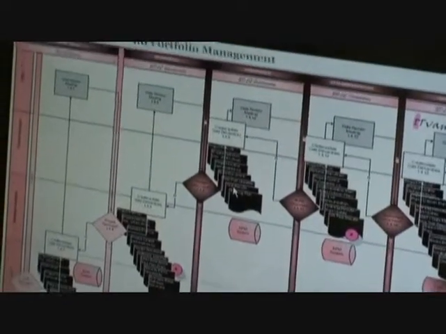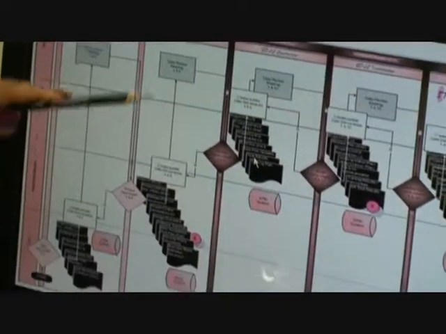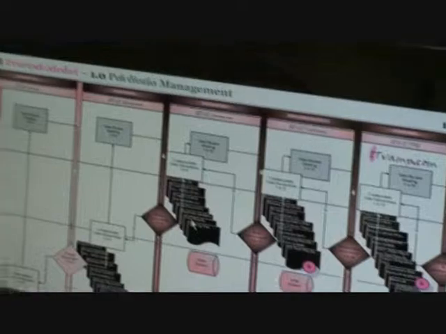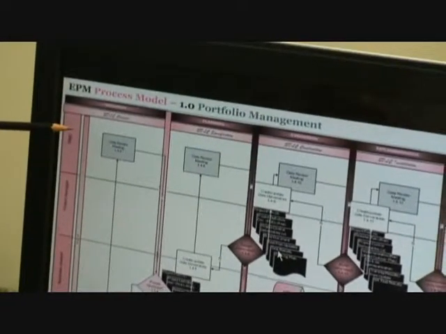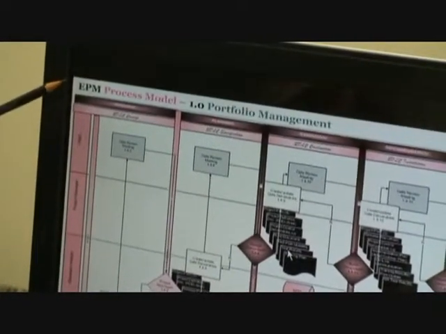So if you take a look here, we've got our roles as well as artifacts, and all the phases that you would need within your project management organization. That is what we're going to build. So you can be sure that what we have for you is a proven methodology and proven EPM process framework. I've developed these for many organizations, multi-billion-dollar organizations, and we're hoping that everything here at ITVAMP will work for you.